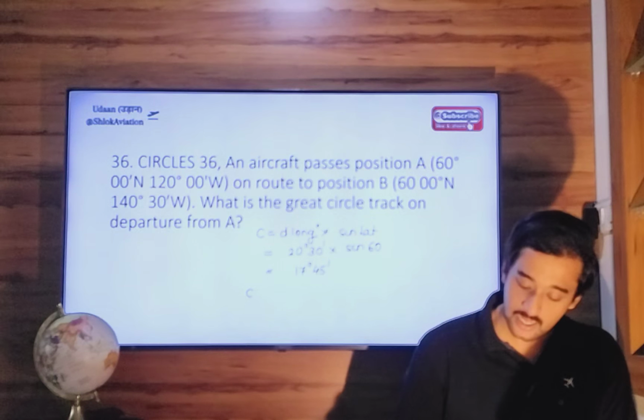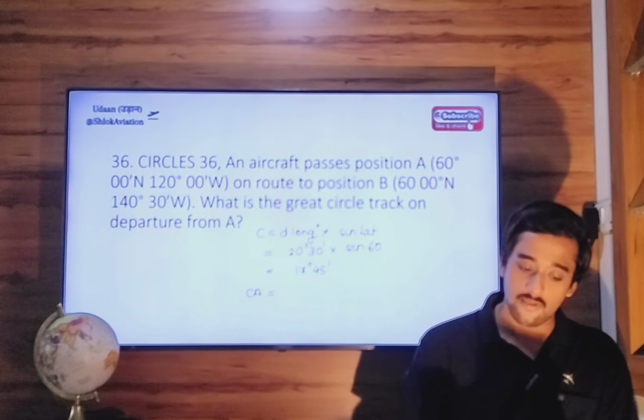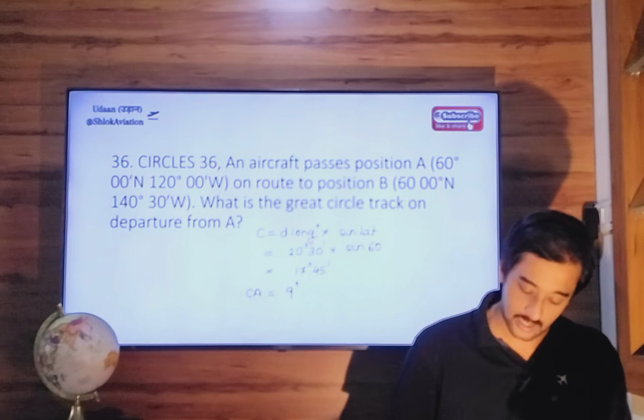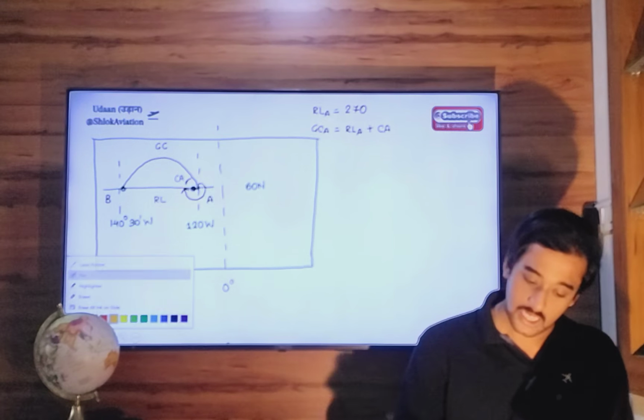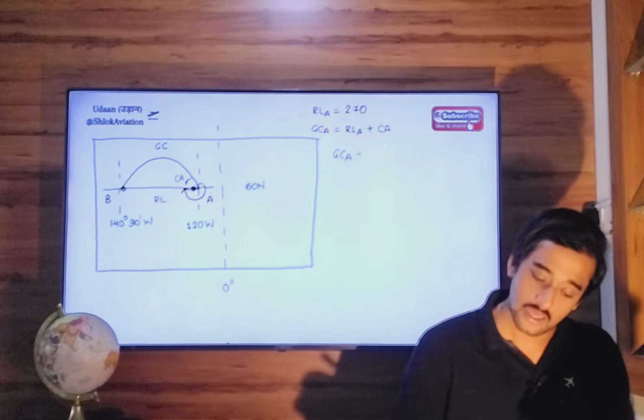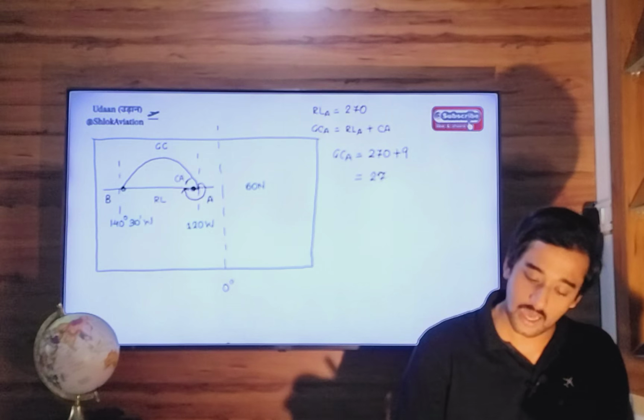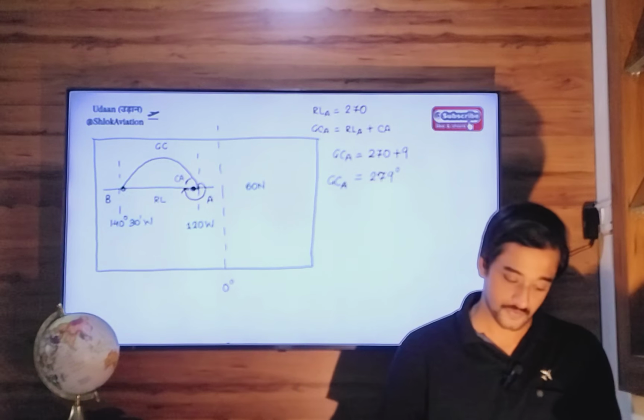So convergency angle will be half of that. So divide by 2 is 8 degrees 52 minutes or approximately 9 degrees. So great circle track at A will be rhumb line track at A 270 plus convergency angle 9 degrees. So 279 degrees. This is your great circle track at A.